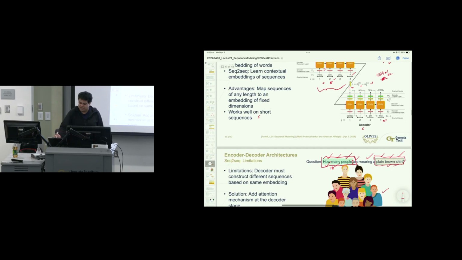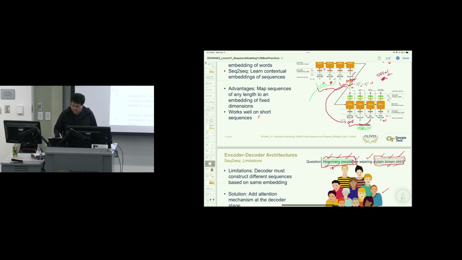In other words, this part of the decoder architecture needs to have, let's say, this is where the final thing is, right? So let's call this shirt. So these two encoders need to influence the first word that comes out, which is going to be 1. And this is person here.